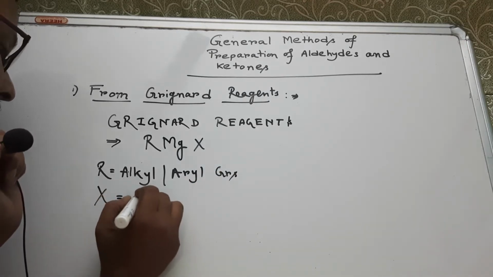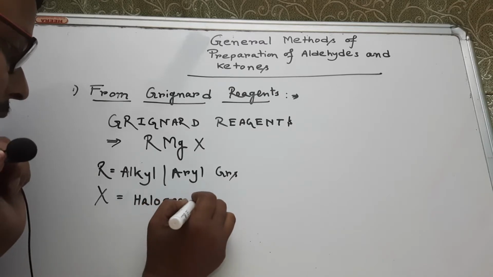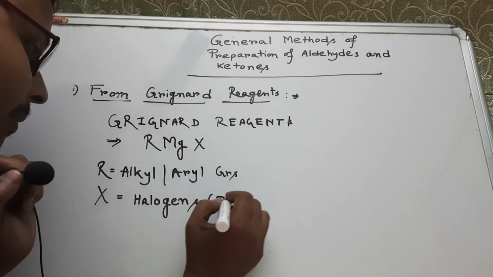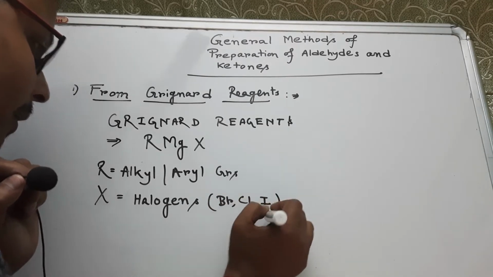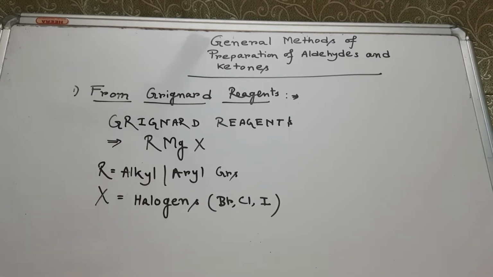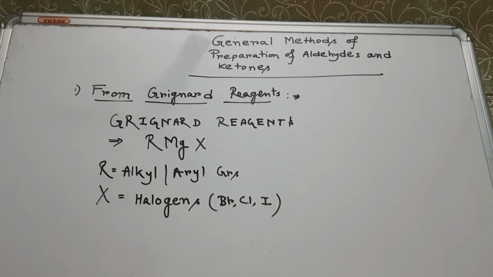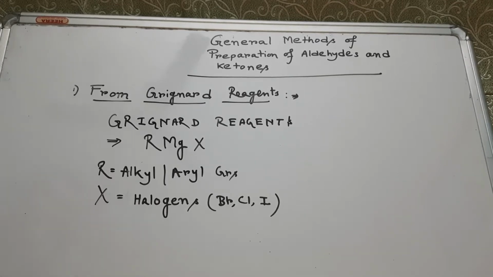X is a halogen. That is, it may be bromine, chlorine, or iodine. So this is the Grignard reagent. Out of the Grignard reagent, we are going to prepare ketones and aldehydes.